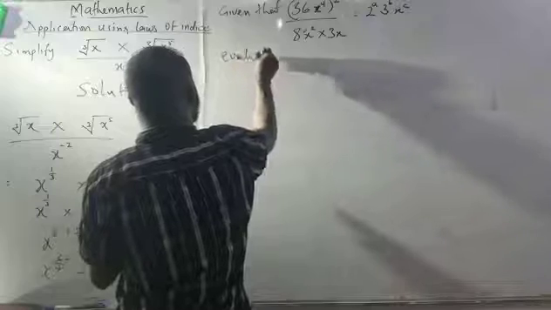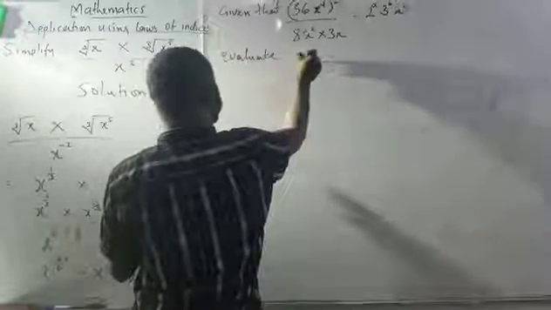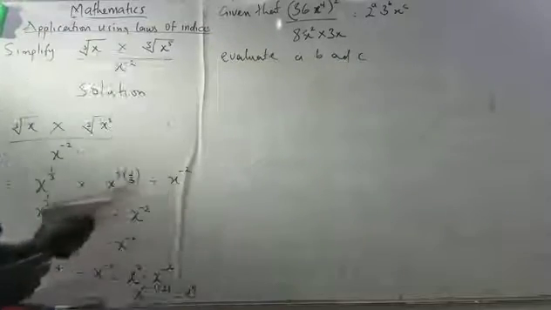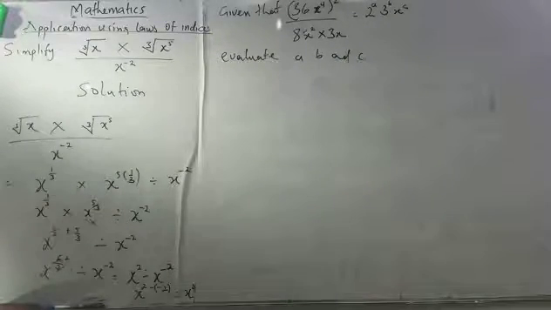Evaluate a, b, and c. It means we are looking for the corresponding values of a, b, and c. That is what you are looking for.